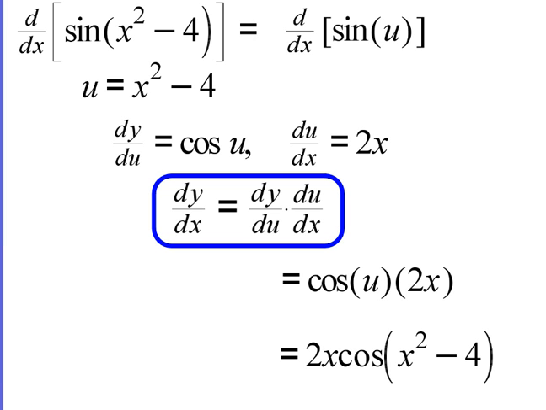Another way to look at this visually, now all of this is perfectly sound and it's following the chain rule formula, is the inside-outside function. We have an inside function of x squared minus 4 and we have an outside function of sine. So we take the derivative of the outside function first.